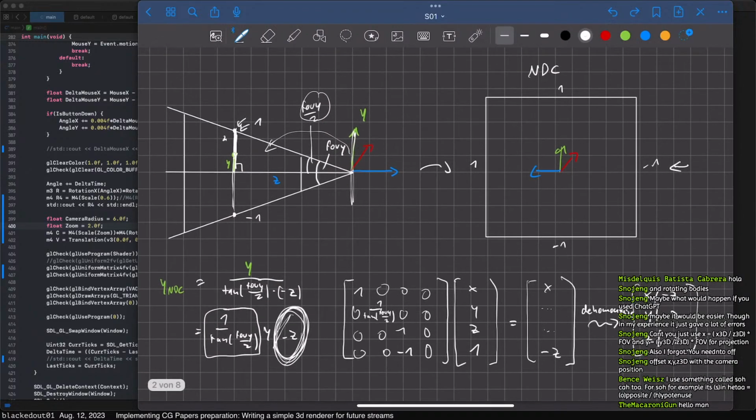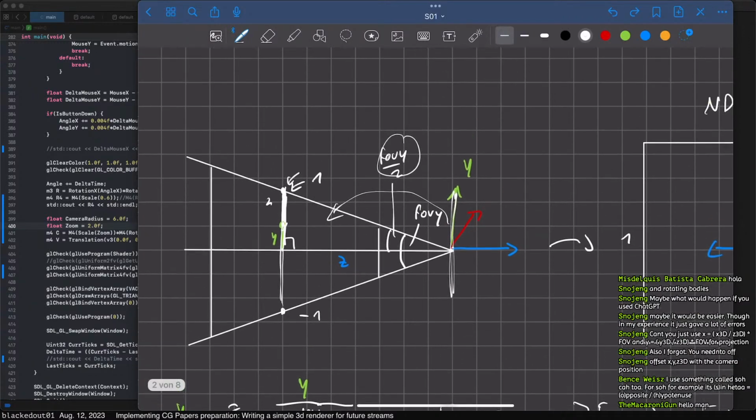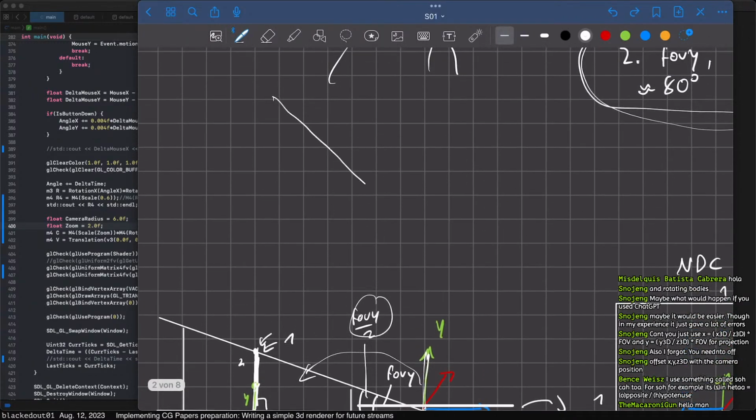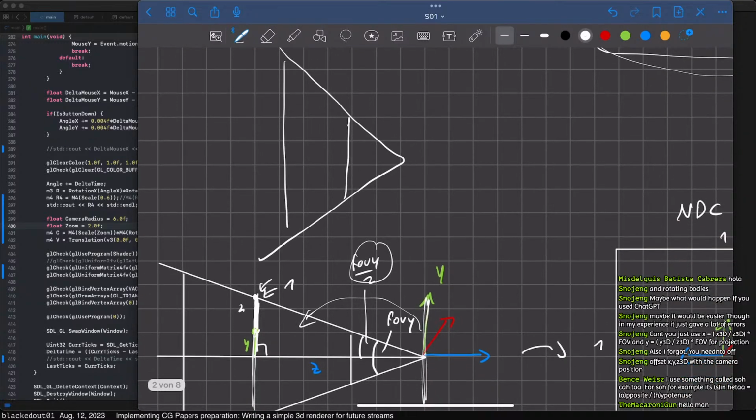And the x is pretty similar. You can imagine if you would make a top-down version of this diagram here.